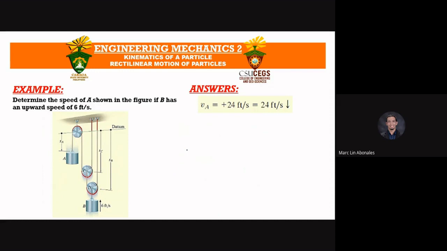In this second example, what we need to determine is the speed of block A shown in the figure if B has an upward speed of 6 feet per second. The velocity of A is 24 feet per second downward. So here is the solution for this one.